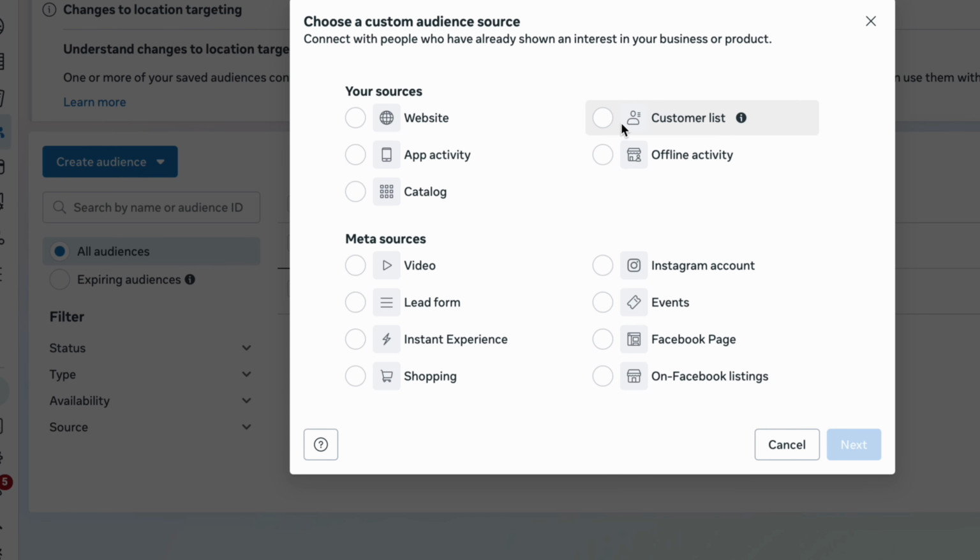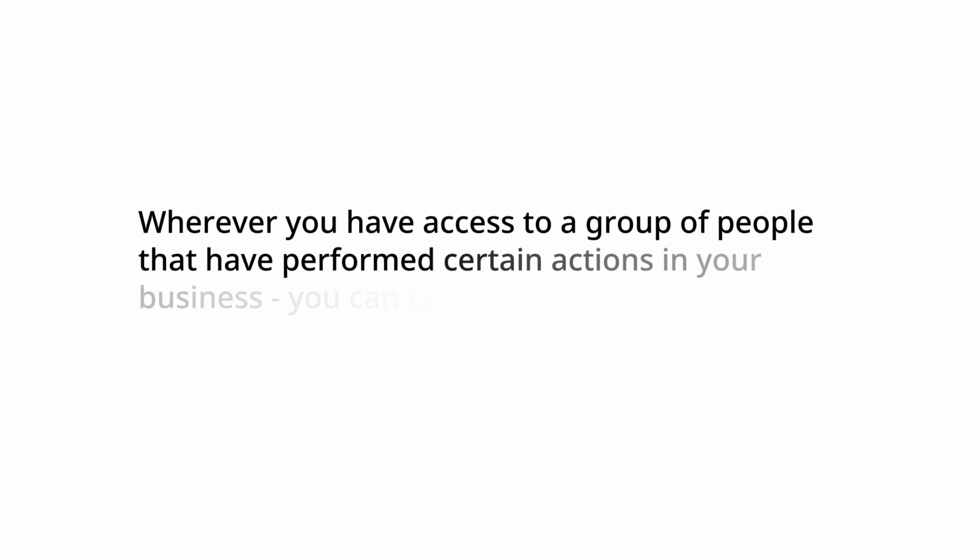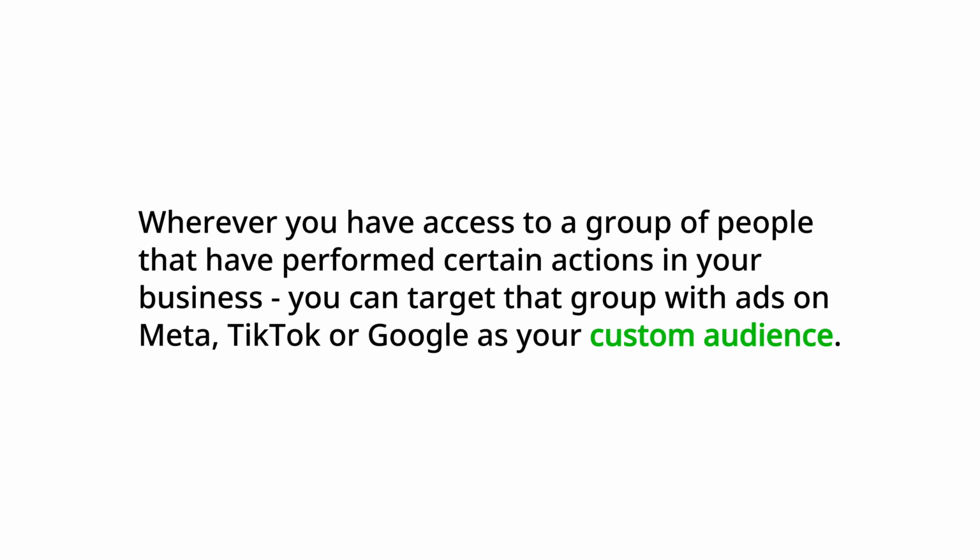You can create a custom audience of people that have engaged with your ad or one of your ads in the past. You can create a custom audience of people that have visited your website or subscribed to your emails. You can create a custom audience of people that have bought from your website or bought from a Paystack storefront that you've set up in the past. That sort of thing. All these custom audiences are people that have performed a particular action in your business or on your social media profile. That sort of thing, right?